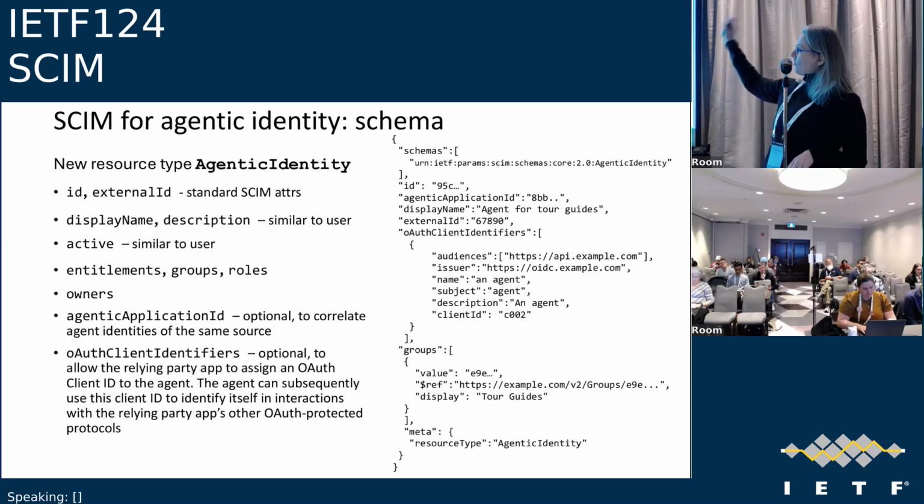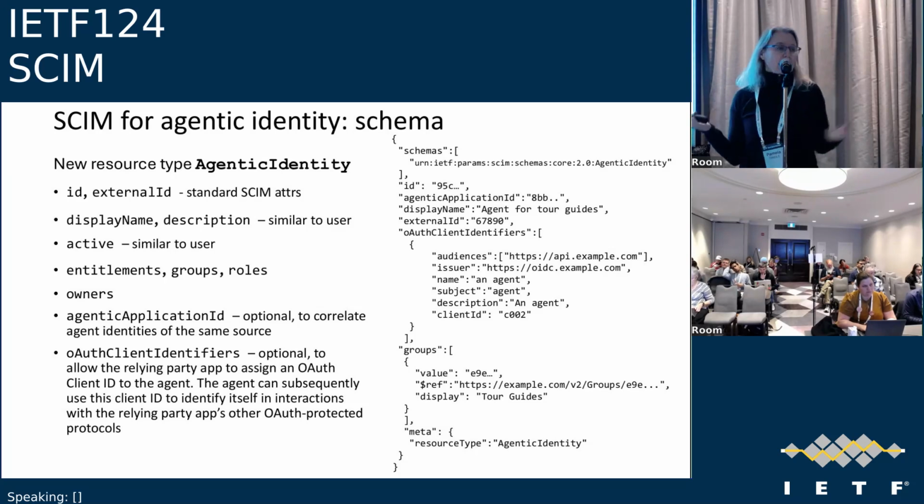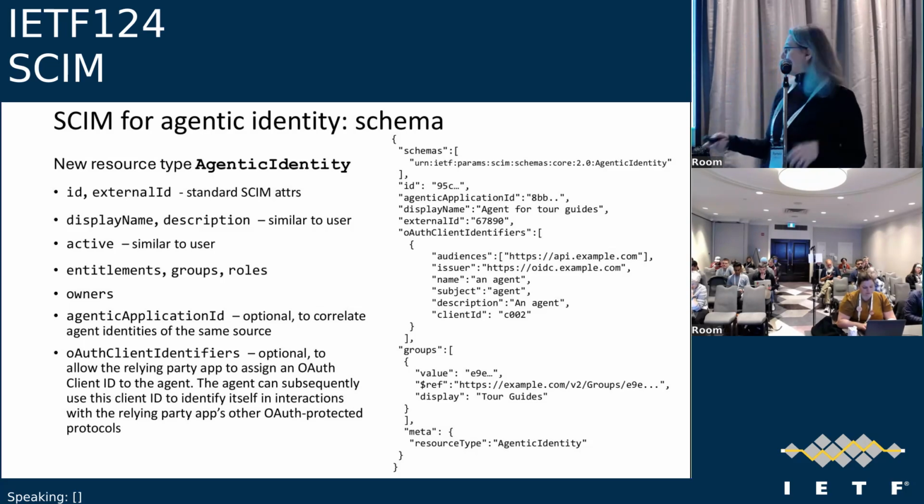Here's what it would look like. Here's an example of adding an OAuth agent, and then modifying that SCIM object in order to add the agent to a group. So that's very, very RESTful, obviously, because of SCIM.